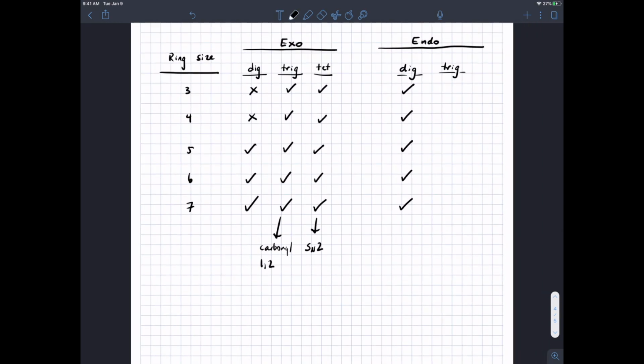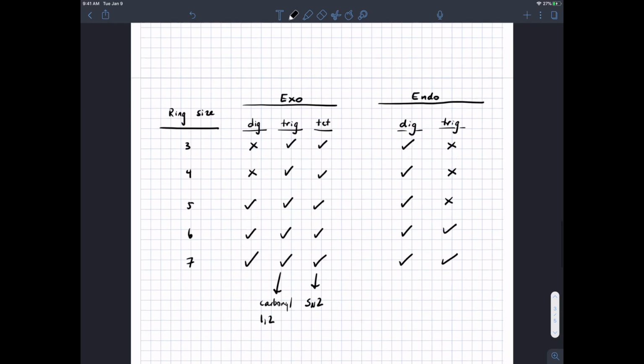More relevant, I guess, is that the trig cyclizations, the endo-trig cyclizations, don't work except for 6 or 7-membered rings.